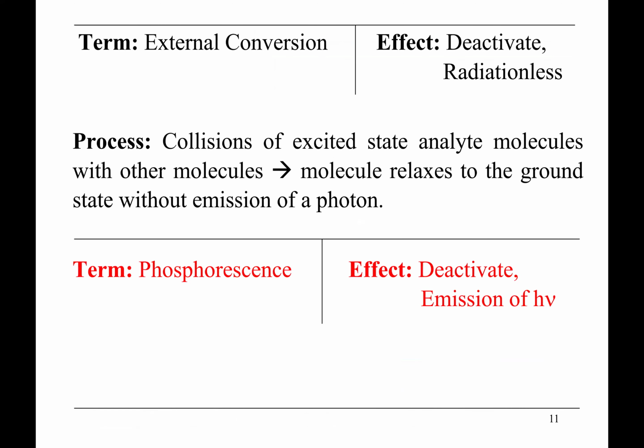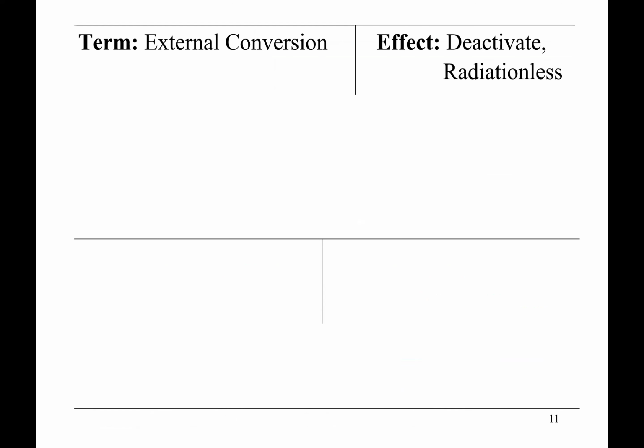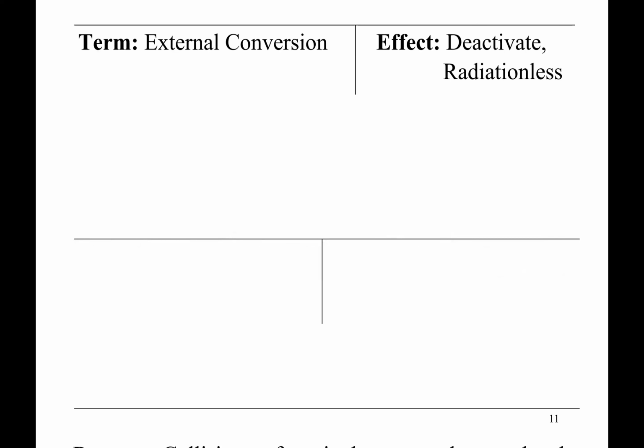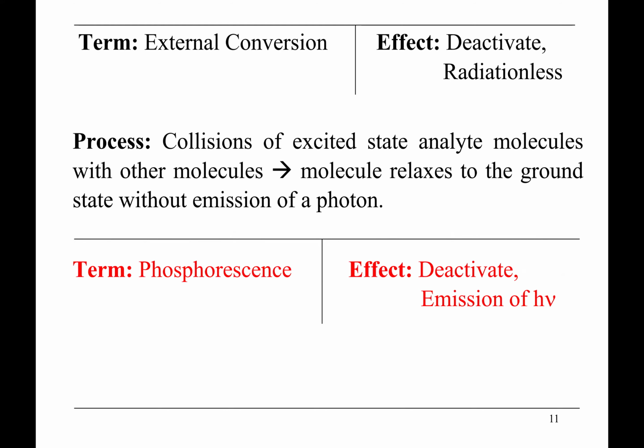We've talked about the external conversion, and let's notice there, I have put that in red. When I put it in red, it means that's so important for people to notice. That's when I say, okay, this is important. Okay, the effect is deactivation. There's the emission of light.